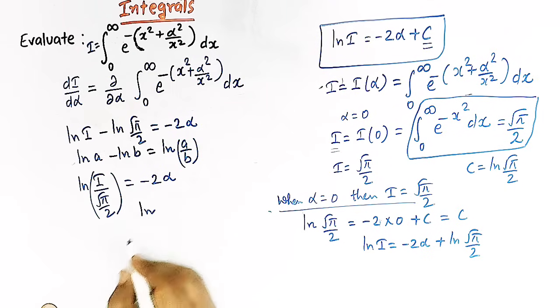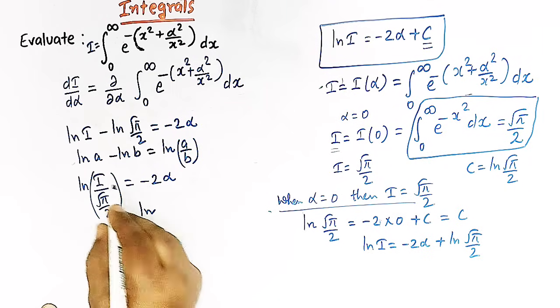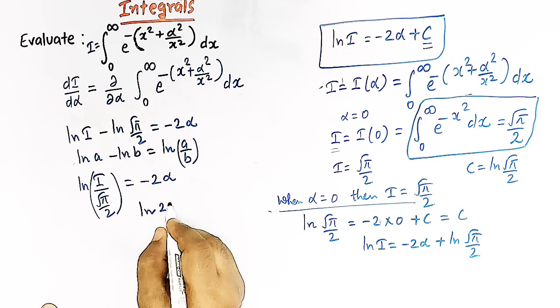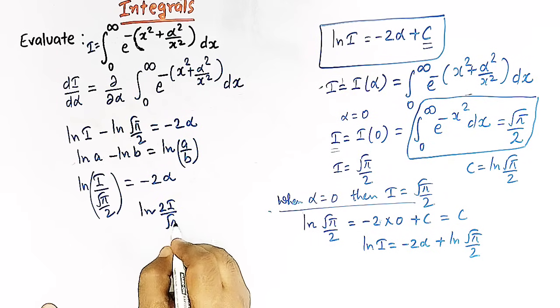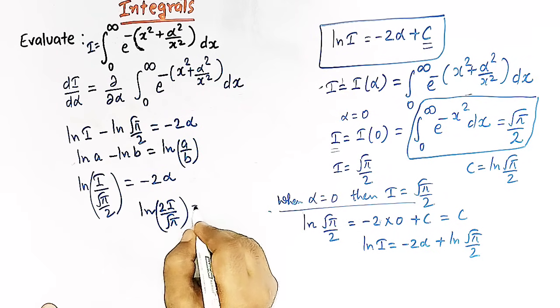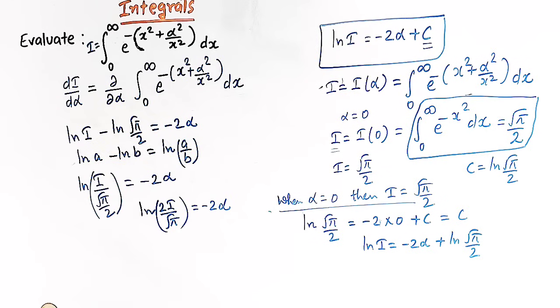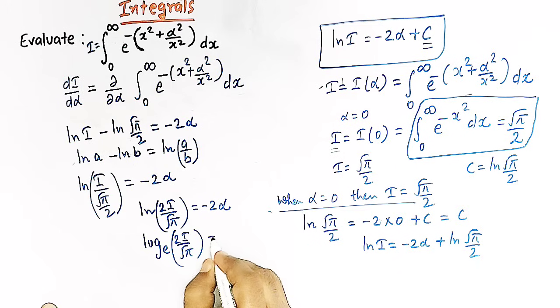We can take this 2 to the numerator. So we have 2I over root pi, and here we have minus 2 alpha, right? So here we can now write this natural log as log of 2I over root pi to the base e, right? And here we have minus 2 alpha.